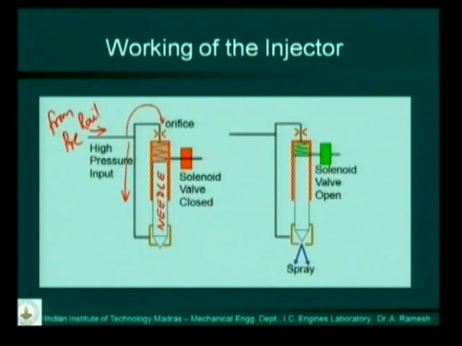And if you carefully observe, the area at the bottom of the needle is less than the area at the top of the needle. So this pressure pushes the needle down and this pressure pushes the needle up, but the net force is downward. And this net downward force closes the injector. The injector is sealed on its orifice. So the high injection pressure is used to seal the injector.